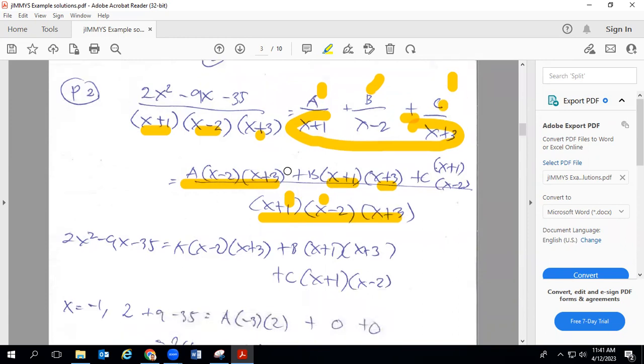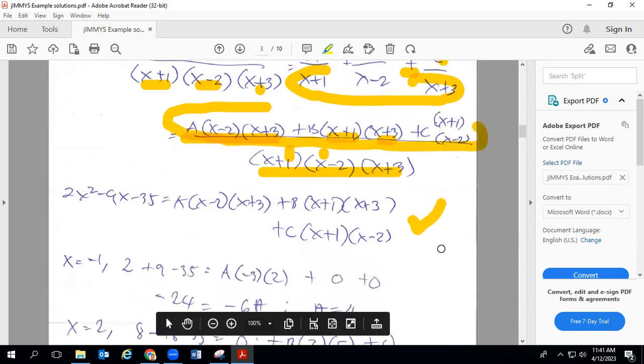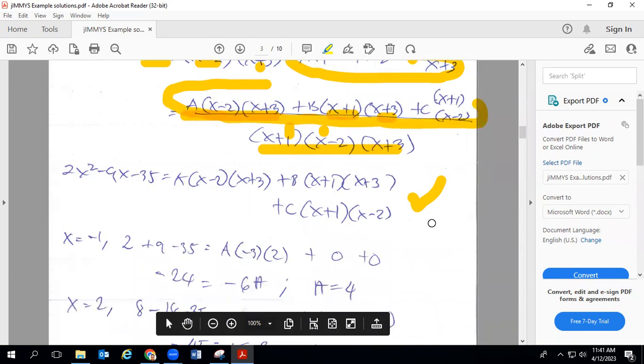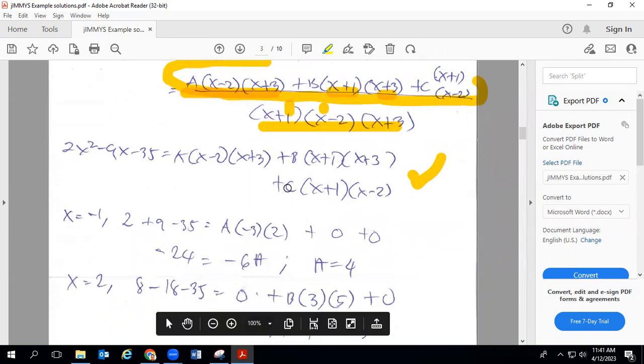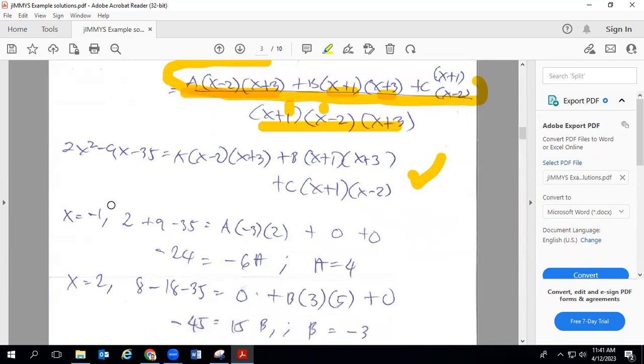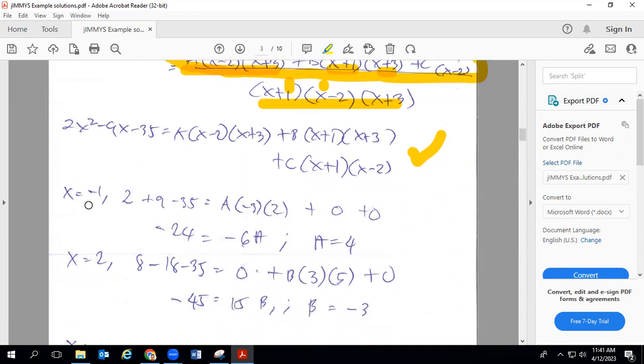And from here, you can write in this form, copy this one, and then this numerator, copy it from here, copy it here, and then look for the values of A, B, and C. So the same with our previous example, we will start assigning values. Let us say x is 1.